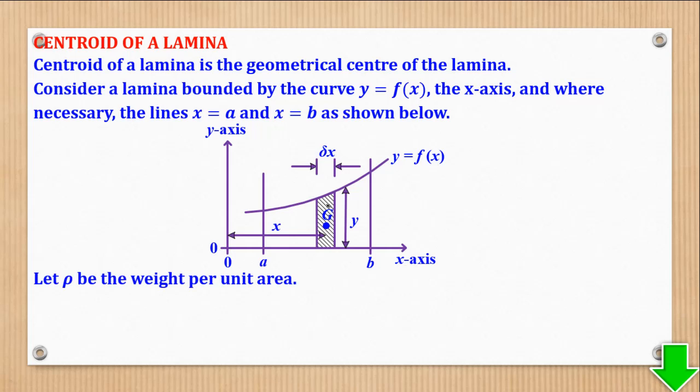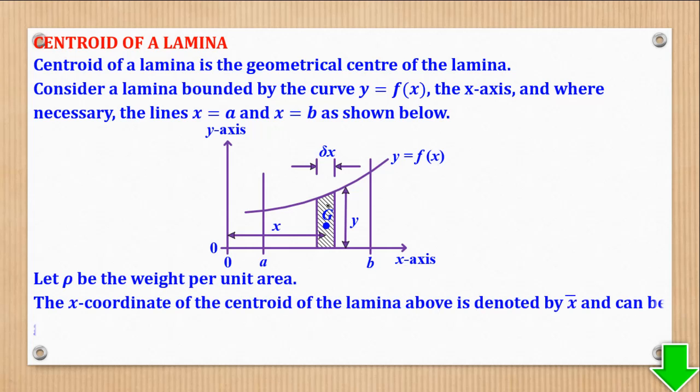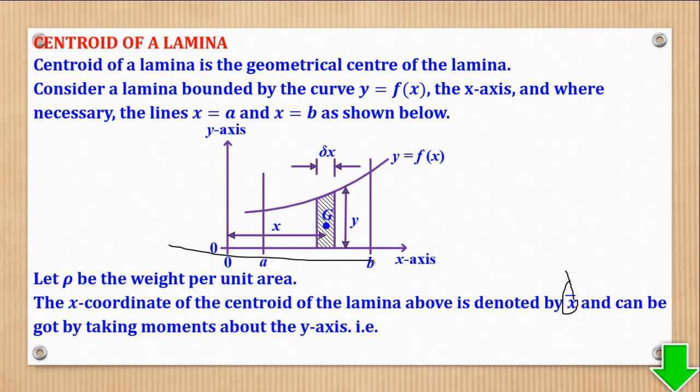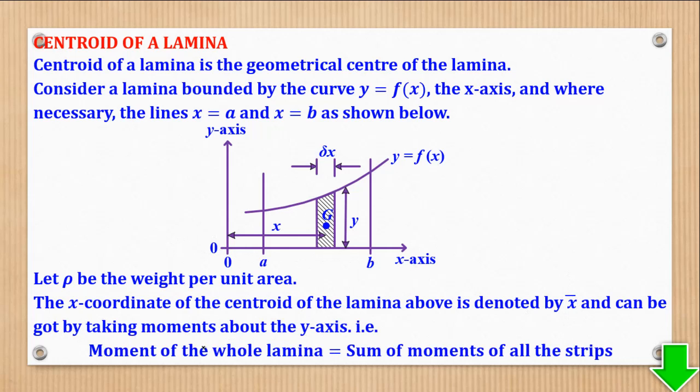So let rho be the weight per unit area, okay? Then the x-coordinate of the centroid of the lamina above is denoted by x bar, and can be got by taking moments about the y-axis. So let's see how to take moments. Moment of the whole lamina is equal to the sum of moments of all the strips.